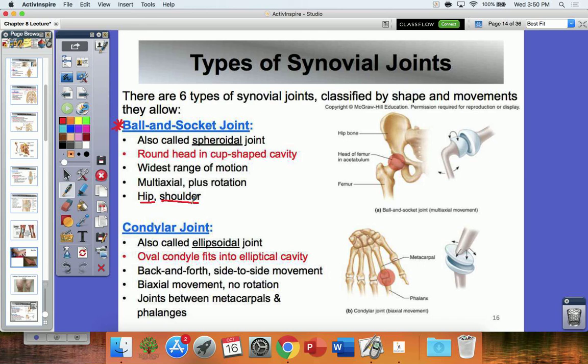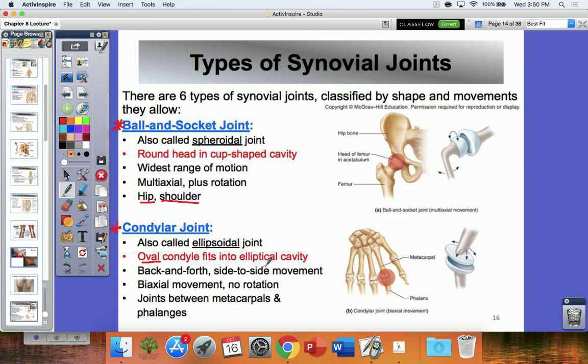The next is the condylar joint. This is very similar to ball and socket, but it's different in that it's not the shape of a sphere, but more of an oval. So it's the same exact concept where you have one thing that is projected out, another thing that is somewhat of a cavity, and an elliptical cavity in this case.